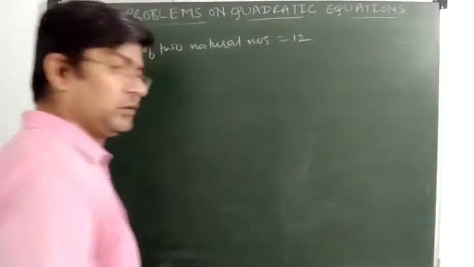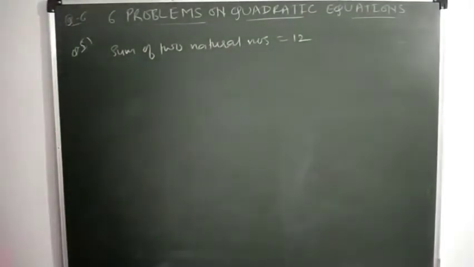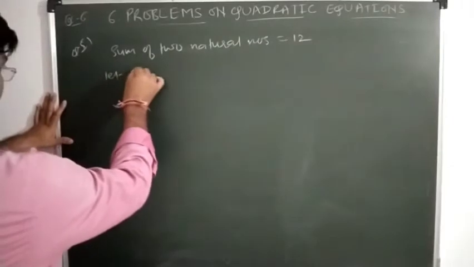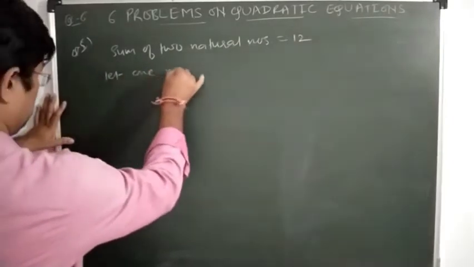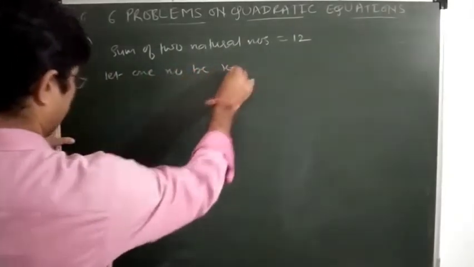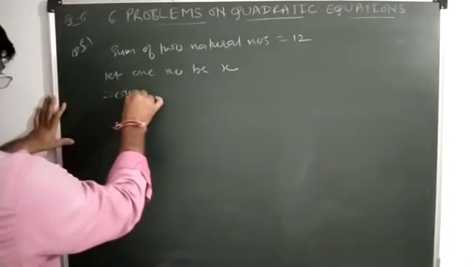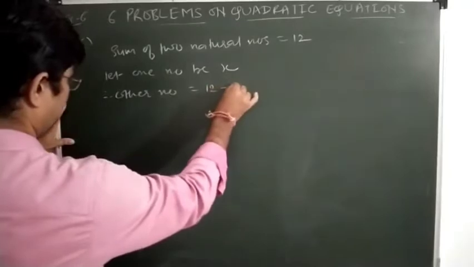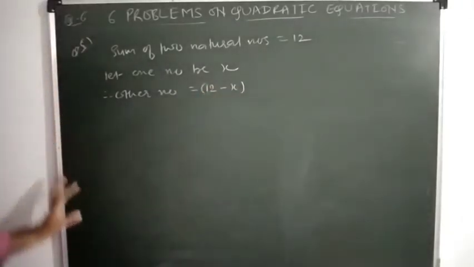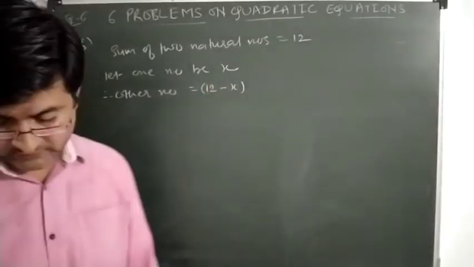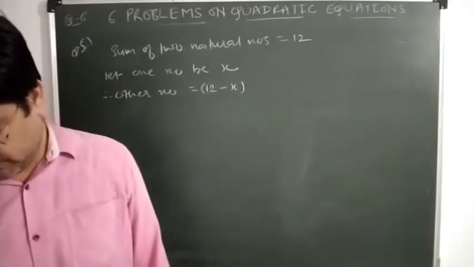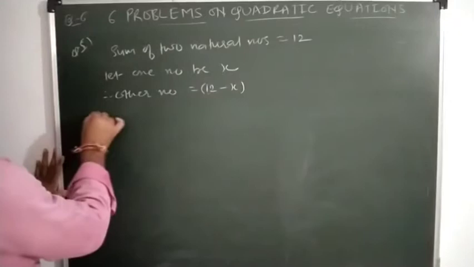is 12. So let the smaller number be x, yes or no? Or let one number be x, and therefore the other number will obviously be 12 minus x. Clear? So again the sum of their squares is 74.